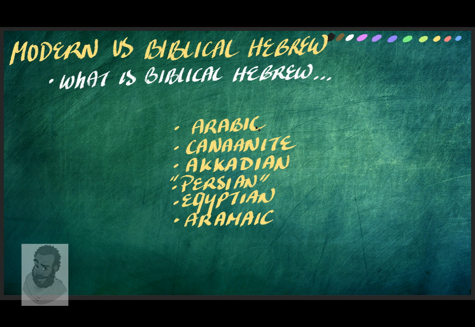Remember, we took over the letters, the Canaanite letters, Akkadian, Persian, Egyptian, and Aramaic seeped in as well. So biblical Hebrew is made up of all those languages as well. It's few in number, okay? You can spot it. When you get more advanced, you can spot what's what.